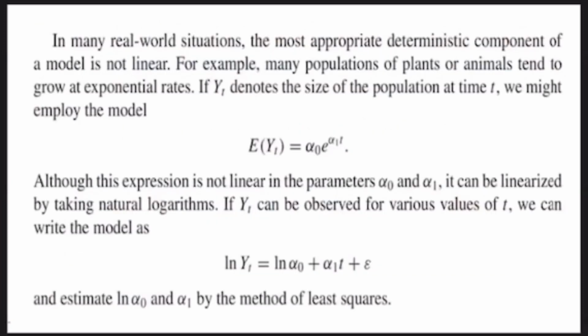In many real world situations, the most appropriate deterministic component of a model is non-linear. You remember what we've been doing? We've been talking about linear relationships. It is not all the time that the relationship is actually going to be a straight line. If you want to go from economics to biological phenomena, most of the time what we normally have is a non-linear relationship.